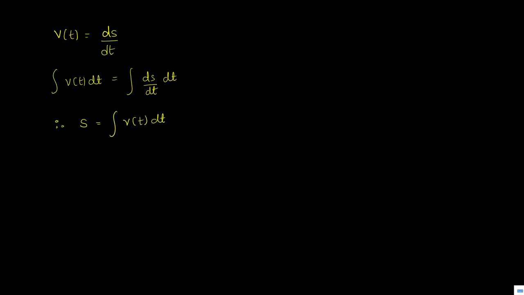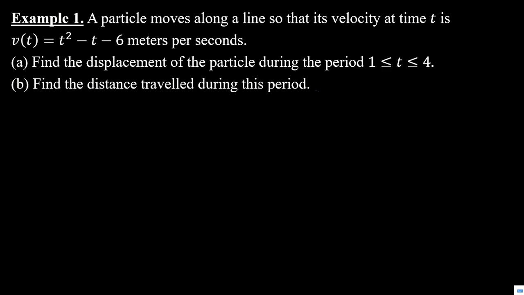Let's use it in our given problem. The problem says that a particle is moving along a line so that its velocity at time t is v of t equal to t square minus t minus 6 meters per second. We need to find the displacement in this given interval of time and also the distance traveled during this time period.